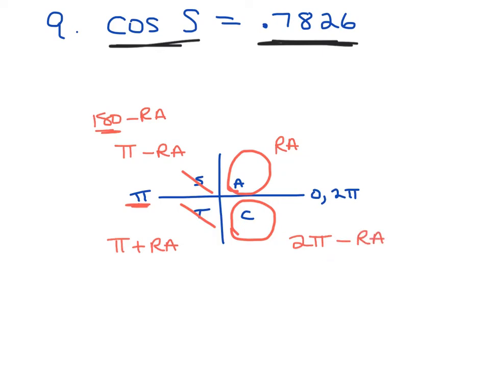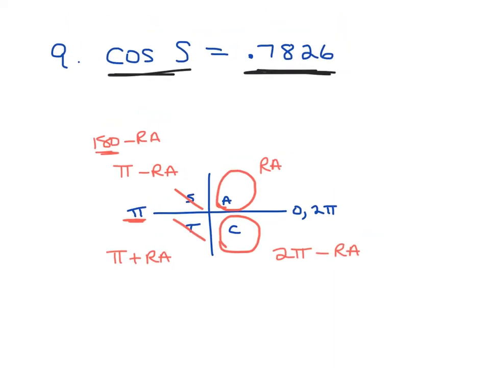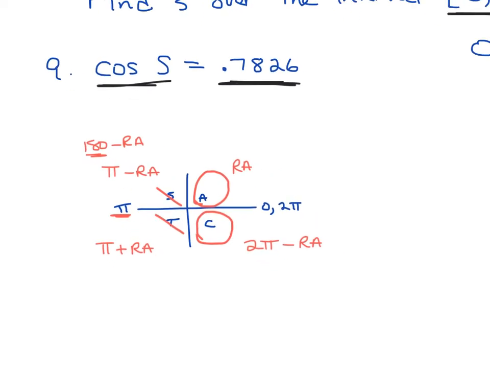So I'm going to go ahead and calculate my reference angle by using my inverse function. So on your calculator, you're going to press the second key or your shift key, whatever button you have, and then touch cosine, because that's the function they want.